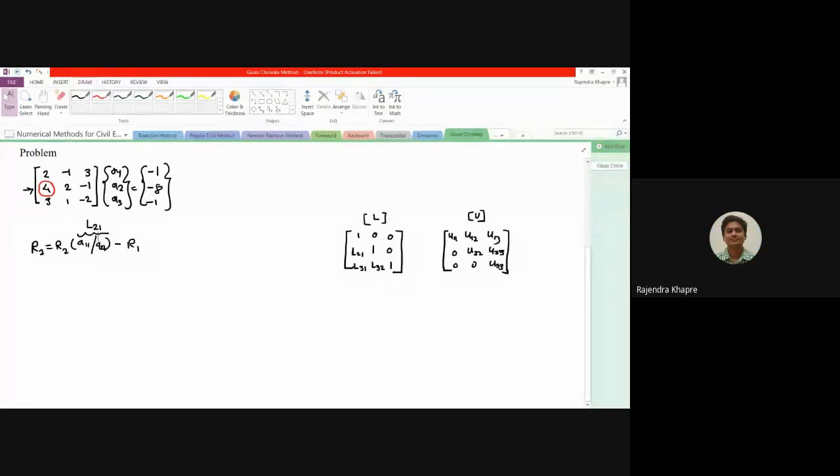Since I am eliminating the element in the second row and first column, whatever factor is there will be treated as L21.